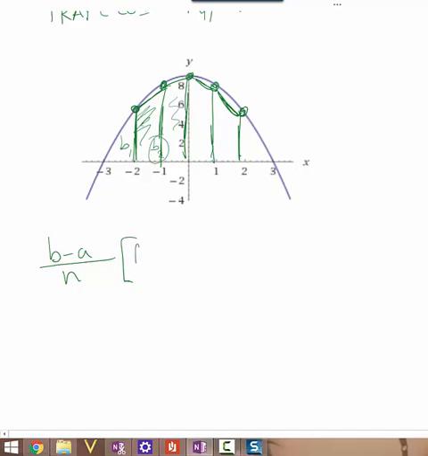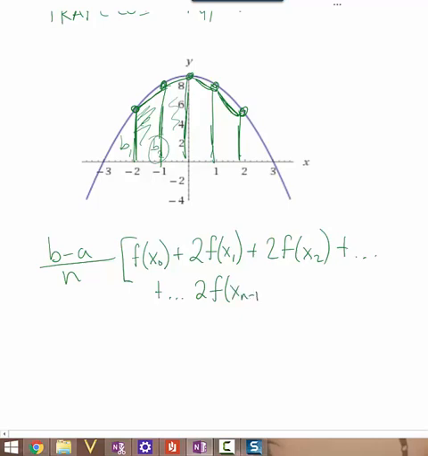So what happens is it's f of x0 plus 2 f of x1 plus 2 f of x2 plus 2 f of xn minus 1, and then plus f of xn. So basically everything except for the two starting and the finish are doubled, and then you have to divide everything by 2. And instead of dividing everything by 2, you can just move that 2 up here.